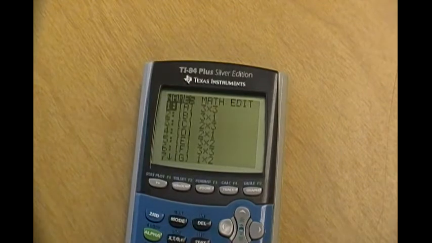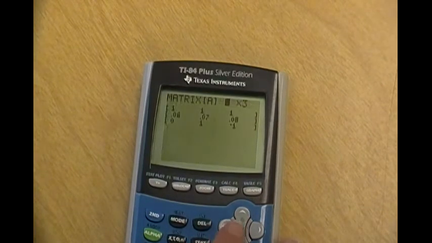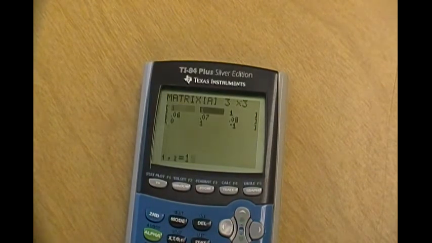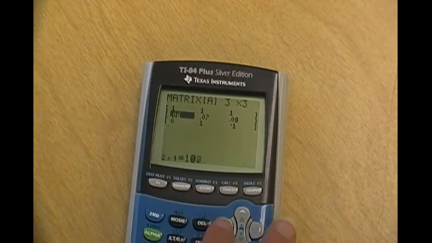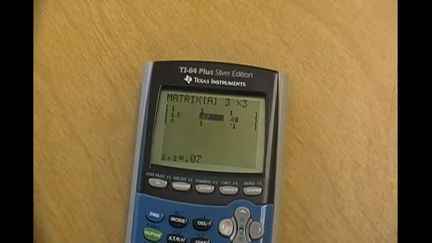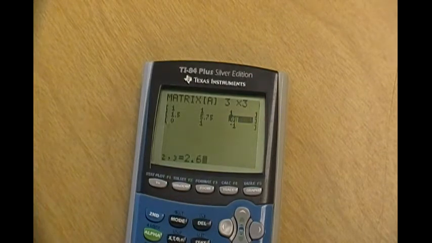Okay, so second matrix, we're going to edit our 3 by 3 matrix. We have 1, 1, 1 across the top, 1.5, 5.75, and 2.6. Then I have 0, 1, and negative 1.